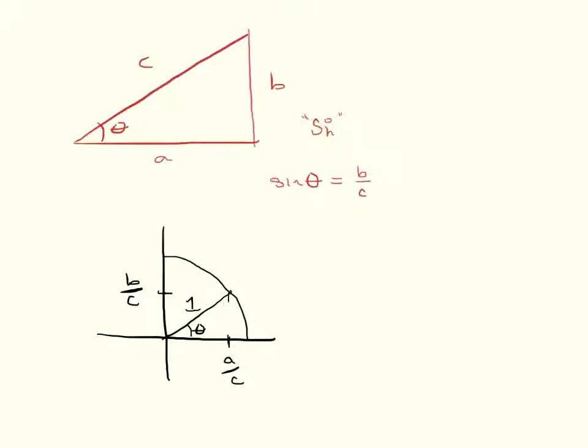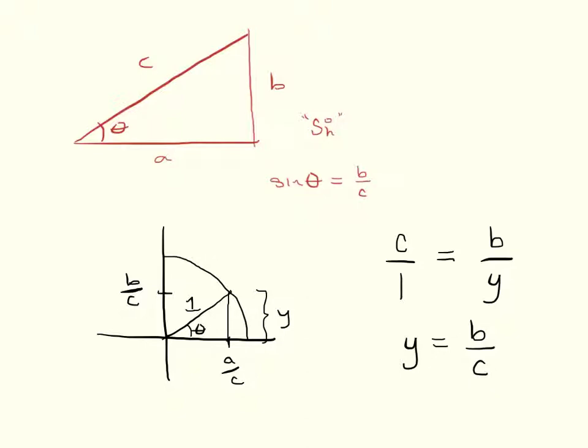If these two triangles are similar, then the ratio of C over 1 equals the ratio of B over Y. Let's solve for this Y. C over 1 equals B over Y, solve for Y, and we get that Y is B over C.